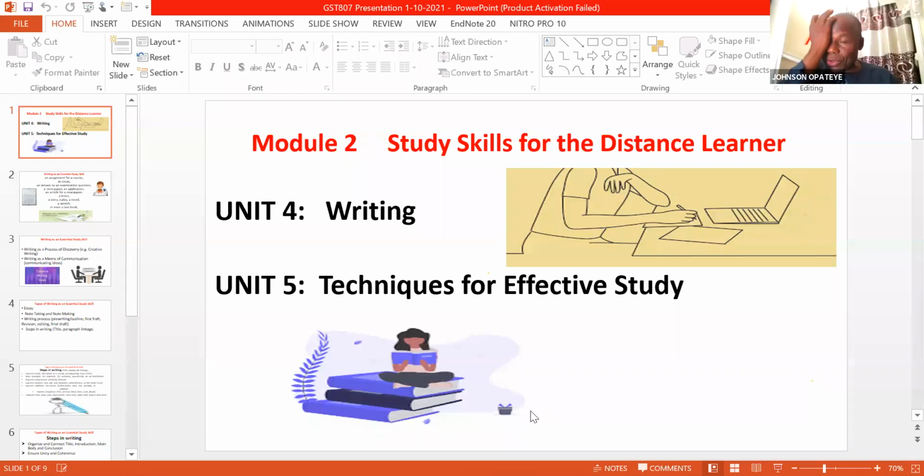Note taking and note making are not the same thing. When you are taking notes, you are listening to a speaker and you are taking some key points that you need to take note of. But when you are making notes, you are doing your own personal reading, and from what you are reading, you are making notes.